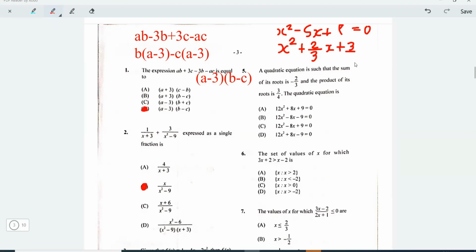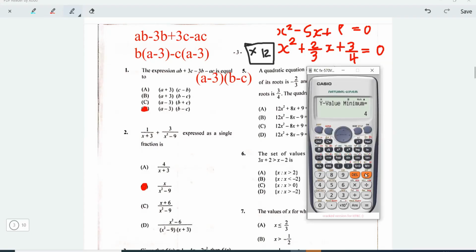Now, of course, as you can see right here, none of the options looks like this, so what you're going to have to do is multiply this entire equation by 12. Multiplying this equation by 12, 12 times x squared will give you 12x squared. Then you multiply 12 times 2 over 3. If you're not sure, put it in your calculator. 12 times 2 over 3, just to be safe.